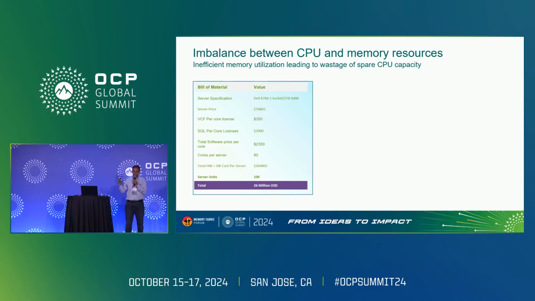The other measure is active memory. Active memory is really how much of that memory is used by the workloads. So you have something called locality of reference. You must have heard about those terms. That indicates how actively your workloads are using memory.